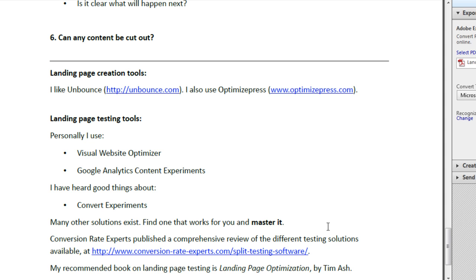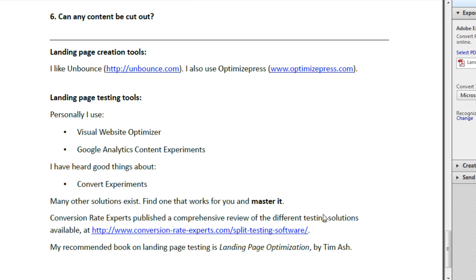I've heard good things about Convert Experiments, although I've not got any first-hand experience. Many other solutions exist, so really find one that works for you and master it. The guys at Conversion Rate Experts published a comprehensive review of the different solutions available, so I recommend that you read it. Finally, if you're really interested in landing page optimization, my recommended reading is Landing Page Optimization by Tim Ash.